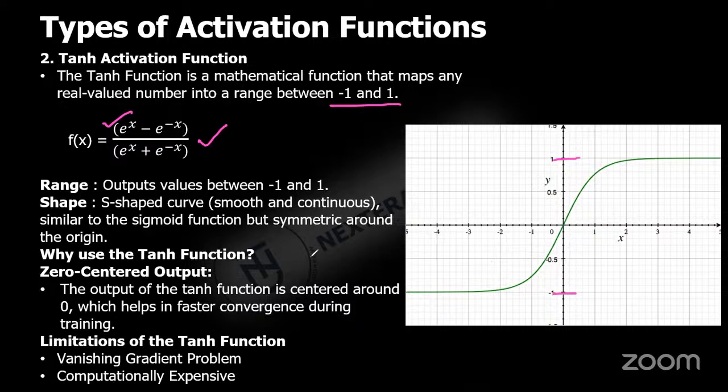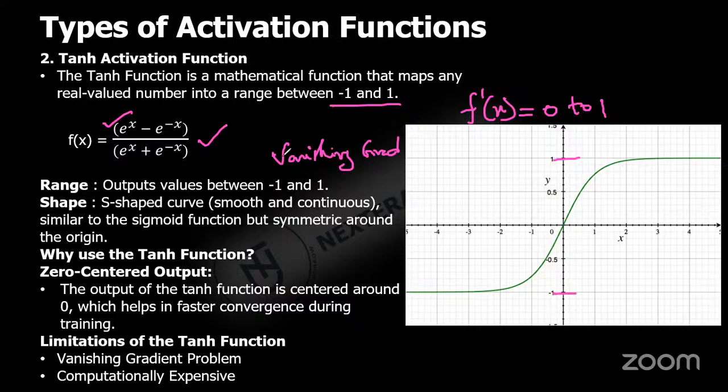The problem that the tanh function raises is that the vanishing gradient still exists with tanh also. Tanh is not solving the vanishing gradient problem, because when you take the derivative of this function, you get the output between 0 and 1.